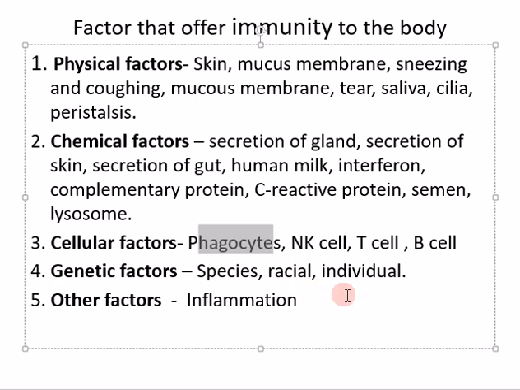Racially, Negroid, Mongoloid, and Aryan are different races, and they have different immune systems. Sometimes the immune system differs within a family as well. So this is individual body resistance.